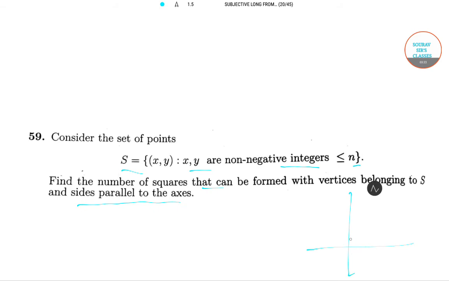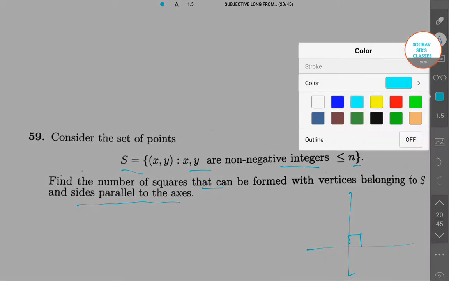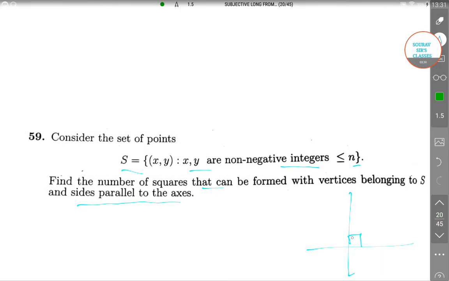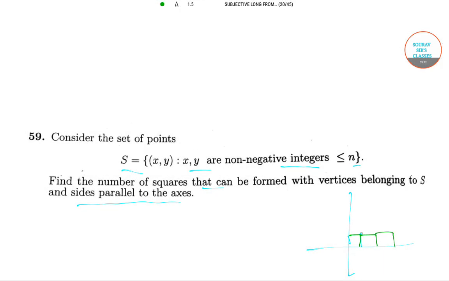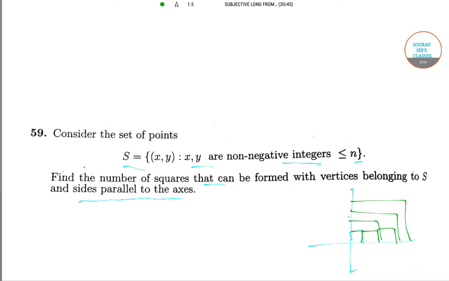So for sides parallel to the axis, the boxes have to be like this, or like this, something like this.